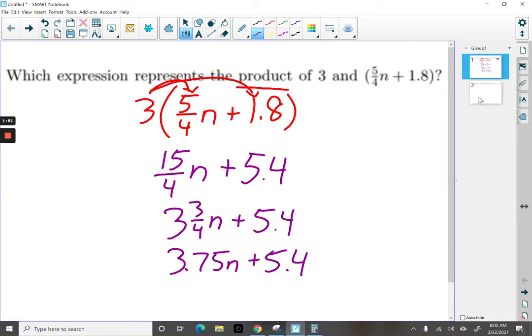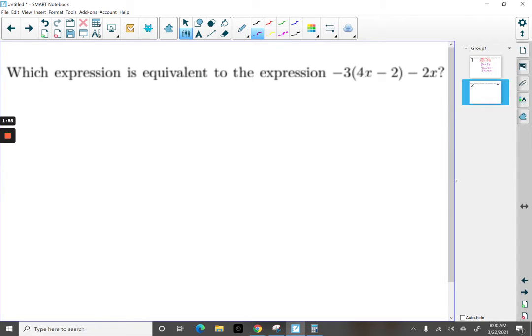Now, when we have a negative on the outside, it is slightly different. So let's take a look at this problem right here. And this one actually has an extra term outside my distributing right here. So we'll talk about that as well. Now I'm going to rewrite this just so I have more room to see this.